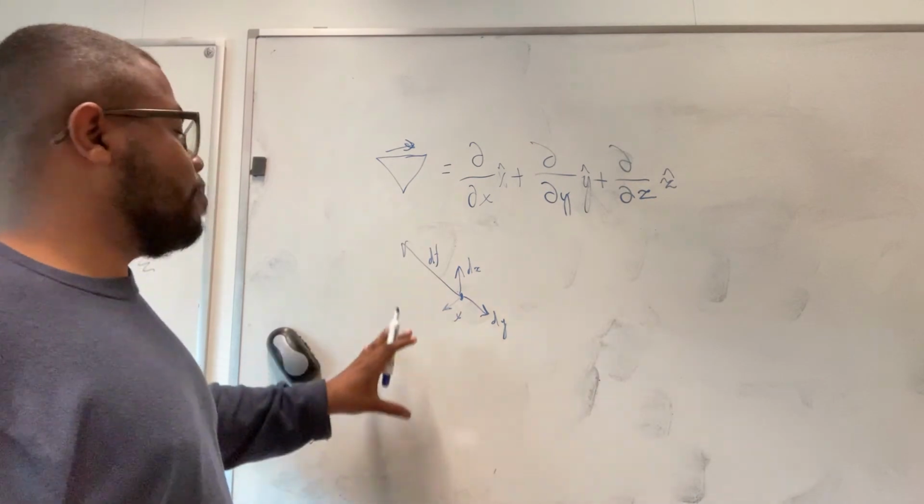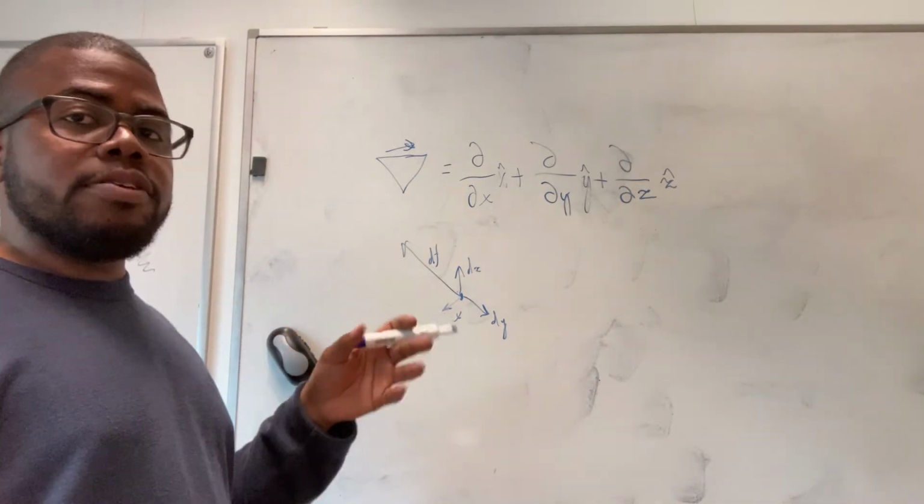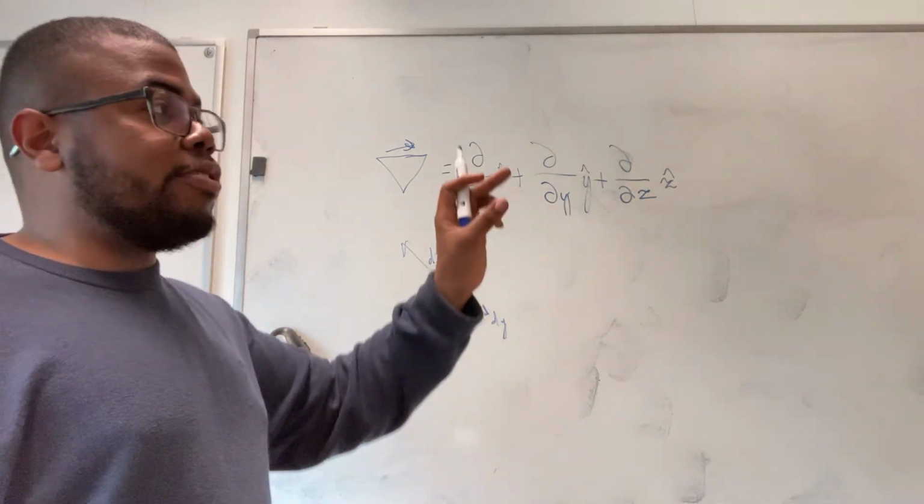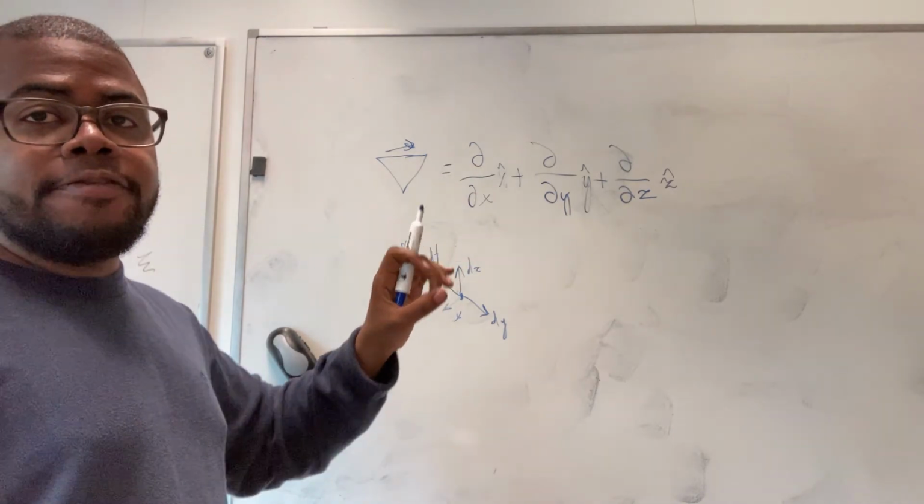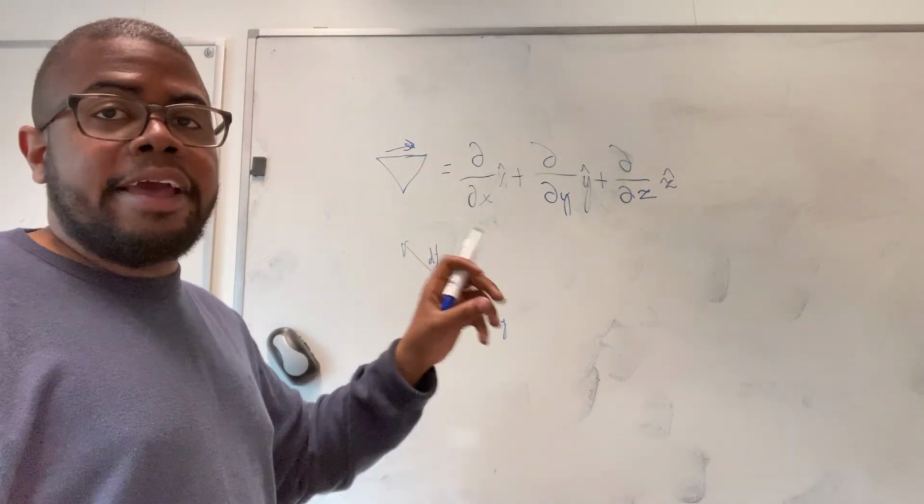In general, in terms of a given direction, the gradient was a vector which contained all of the partial derivatives of the function f with respect to x, y, or z.